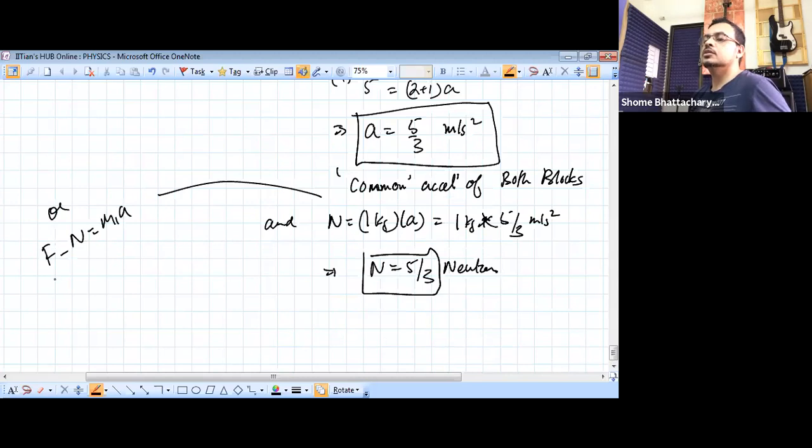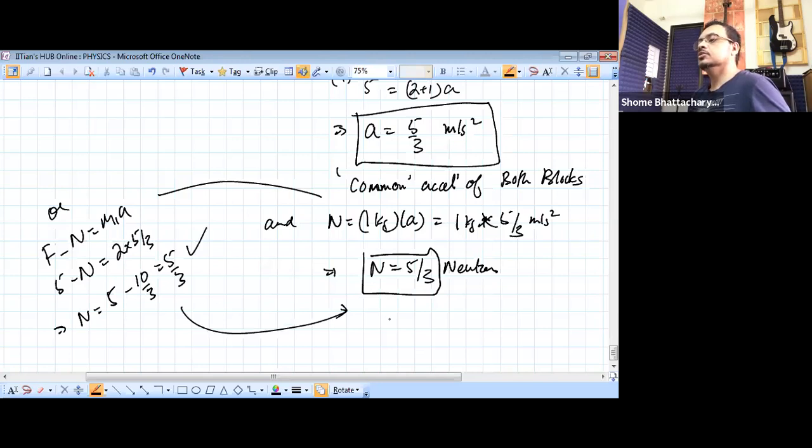So F was 5 newtons, m1 was 2 kg, and this acceleration was, as you just saw, 5 by 3. So N will become 5 minus 10 by 3. So that will become 5 by 3 newtons, the same thing. So this is the normal contact force between the two blocks.